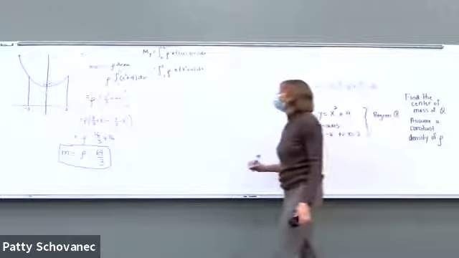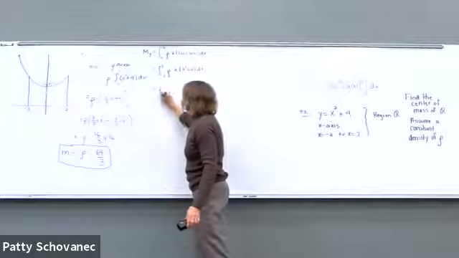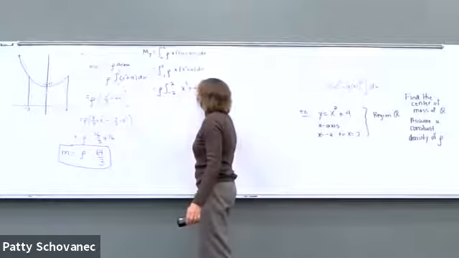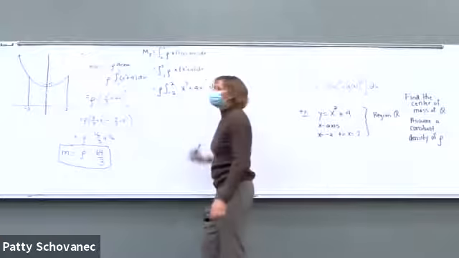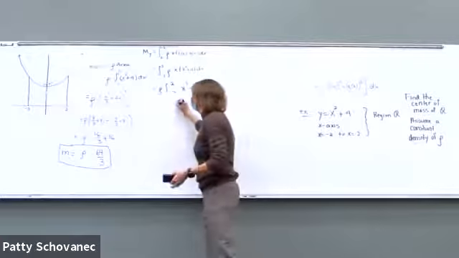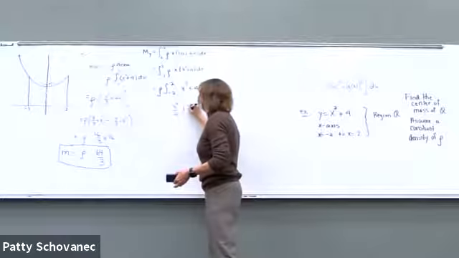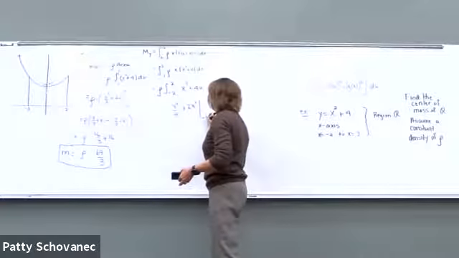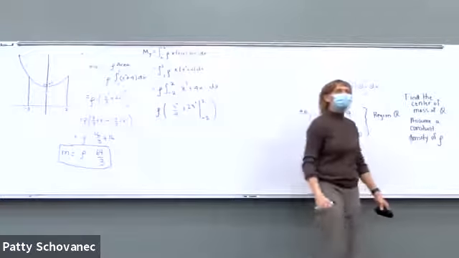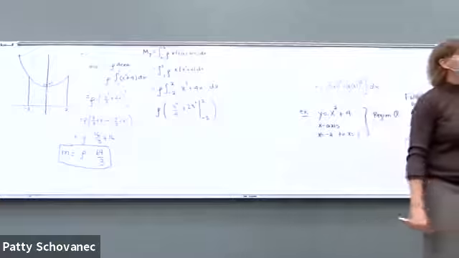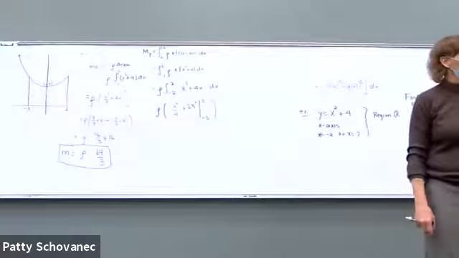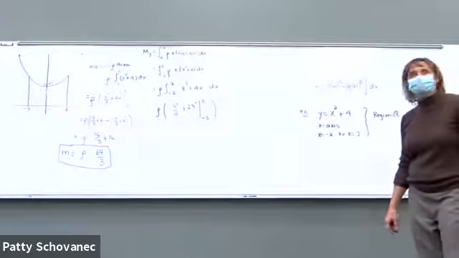So let's send the x through the parentheses. I can factor out the rho. We're going to integrate x cubed plus 4x. We get x to the 4th over 4 plus 2x squared from -2 to 2. 2 to a power and -2 to a power will give you the same number, right? 2 to the 4th and -2 to the 4th are the same. 2 squared and -2 squared are the same.